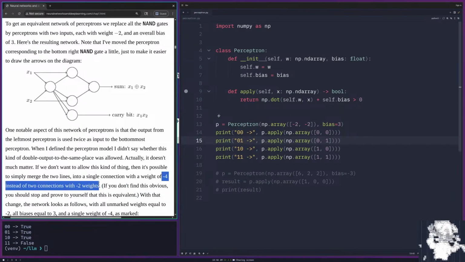Yeah, that makes sense because this is working on binary numbers, so the only possible inputs are 0 and 1. If the input which is duplicated is 0, then the answer is going to be the same whatever the weight is.